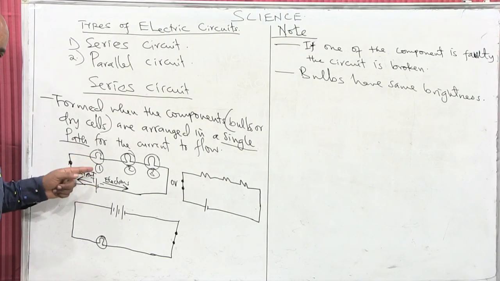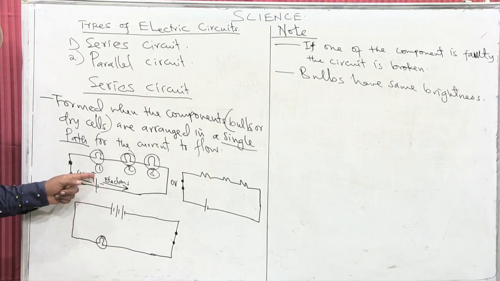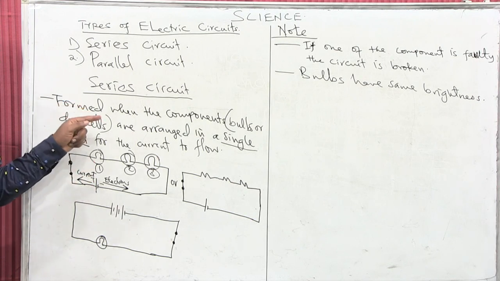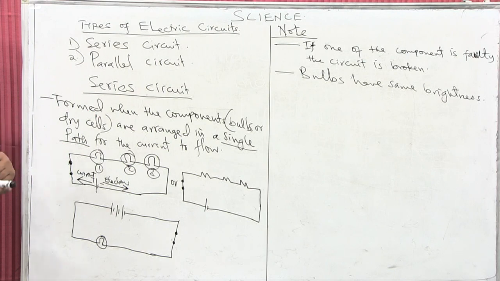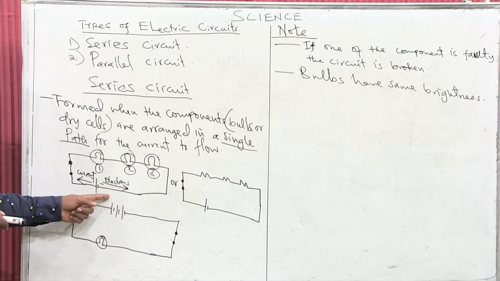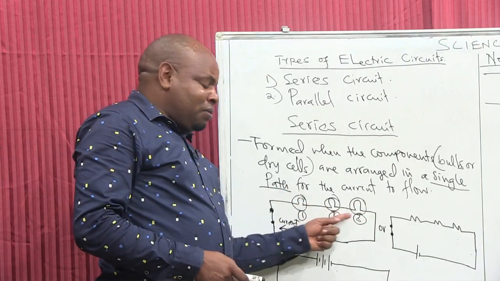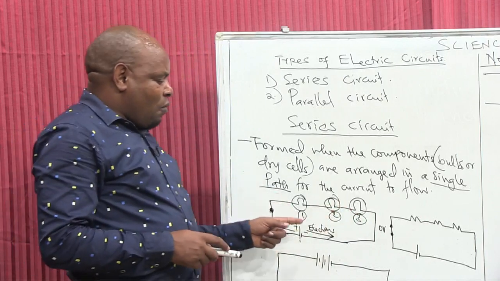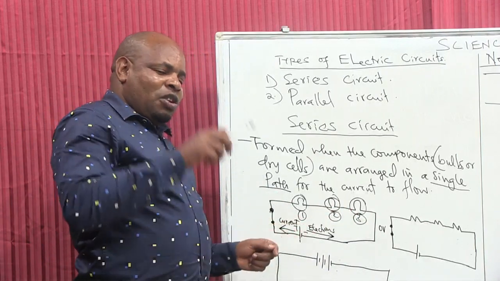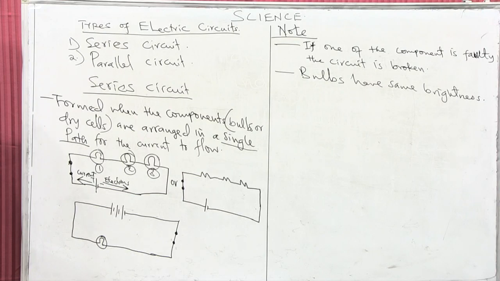If you are using 1 dry cell in one circuit, and in another circuit with the same number of bulbs but a different number of dry cells, let's say you have 4 dry cells, bulbs arranged in series, its brightness will be higher compared to the one with 1 dry cell.